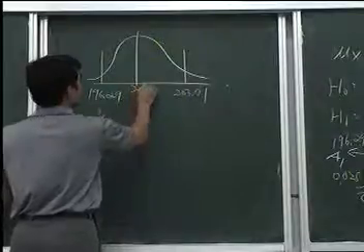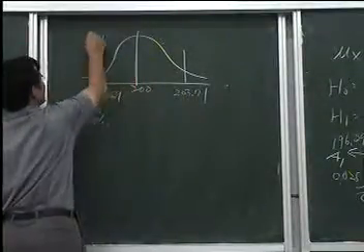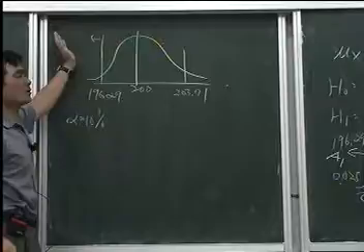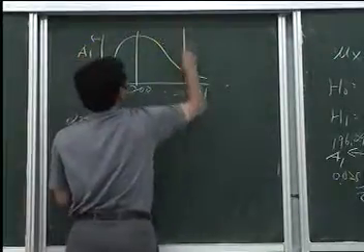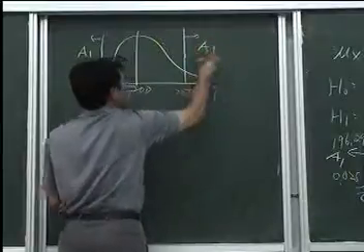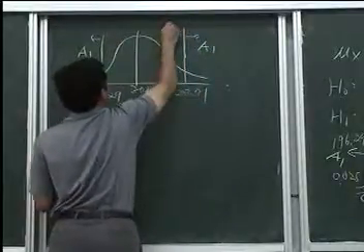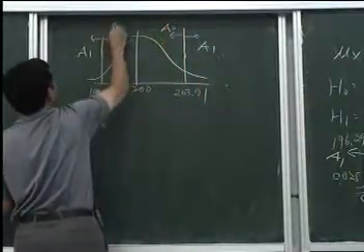And this is 200. In this region we're going to take A1, and in this region we're going to take A0.